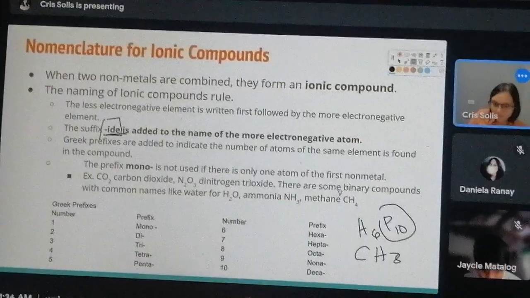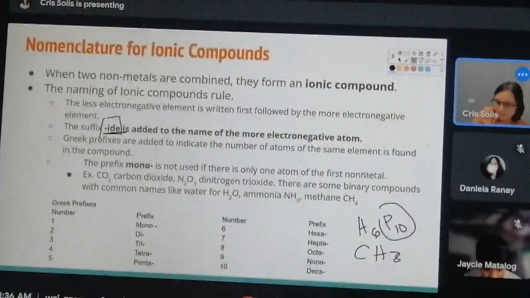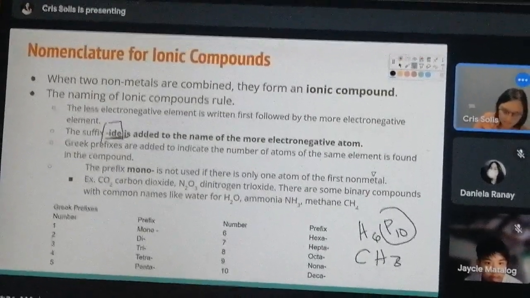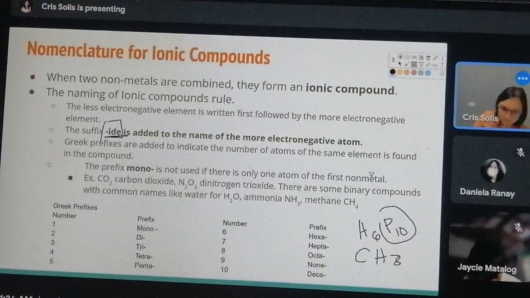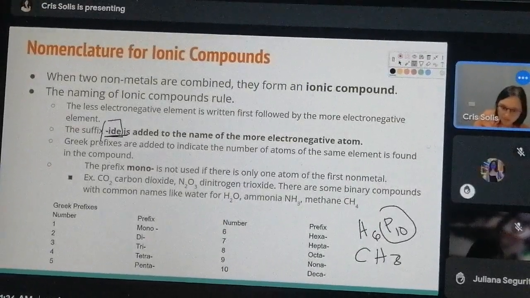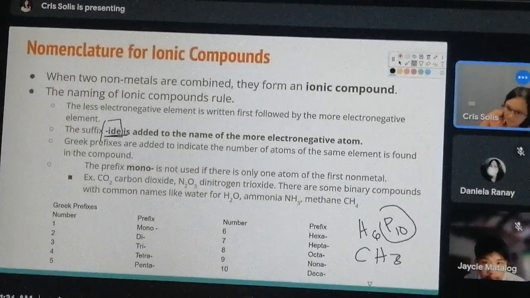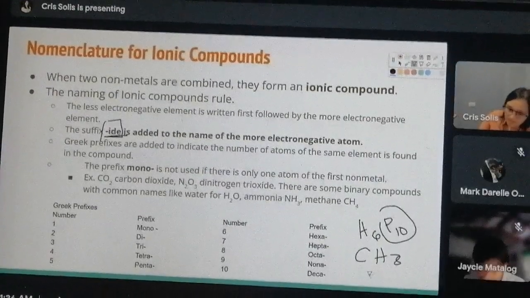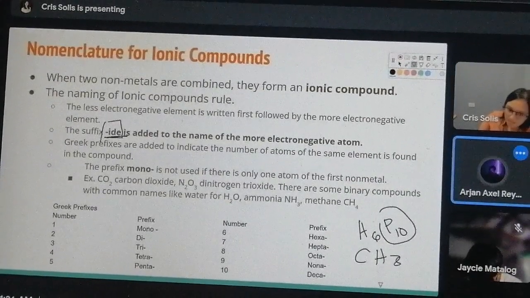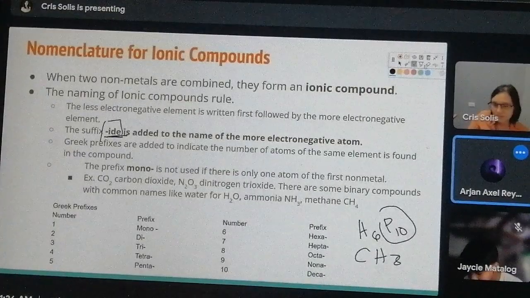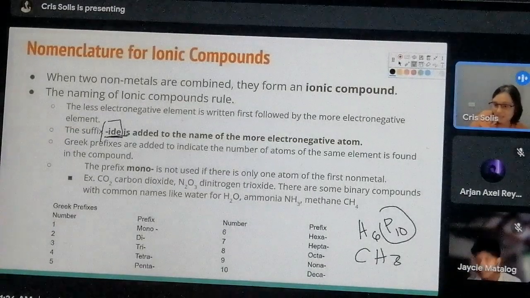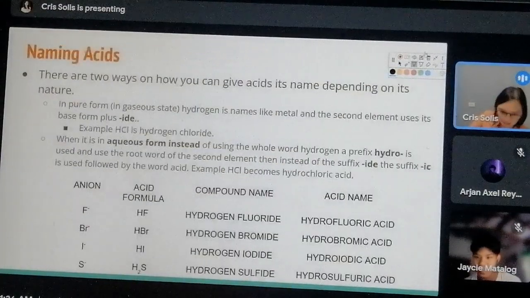CH8. Carbon octahydride. Okay na? Carry na? Okay.